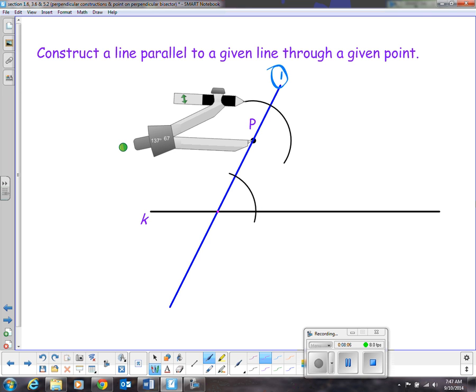If I were numbering my steps, the arc down here is going to be my second step. So this would be step 2. This would be step 3.